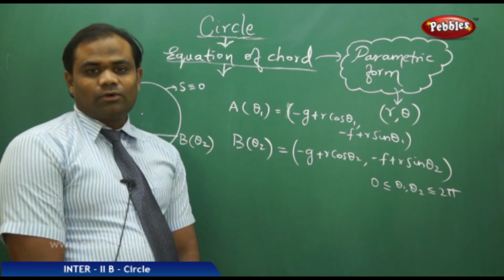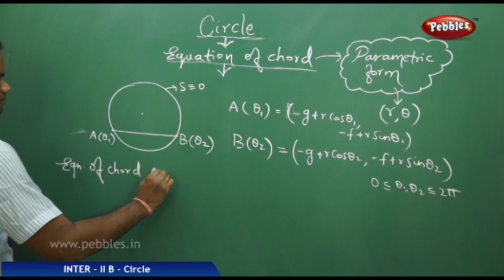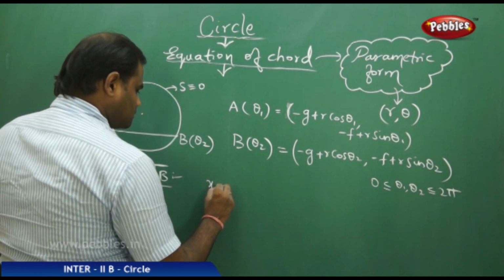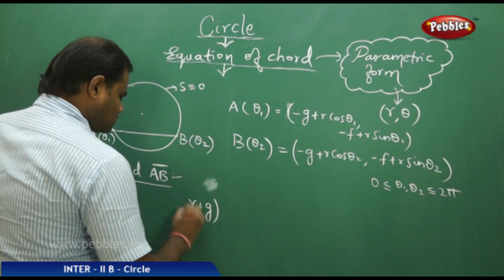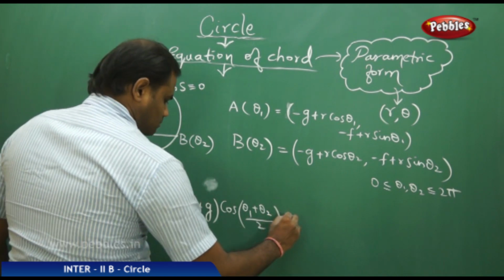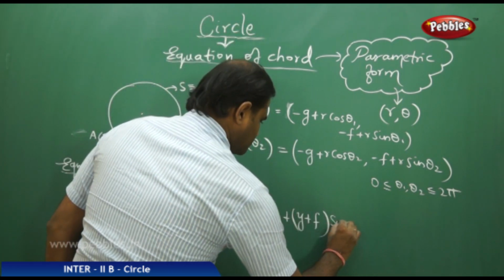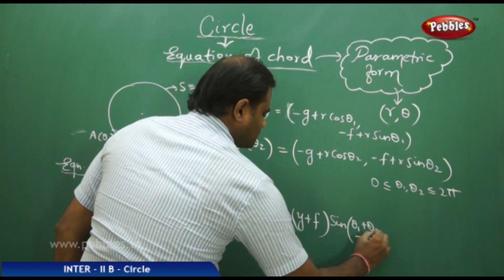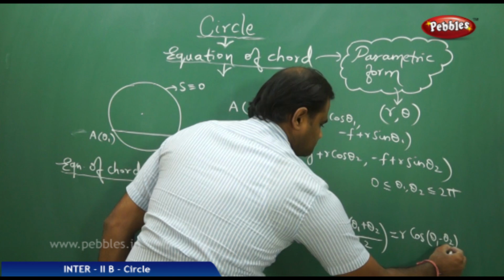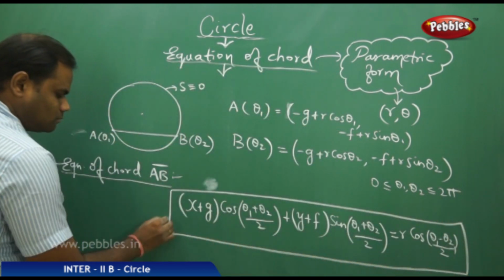So with these 2 points, I want to find the equation of chord, which is given by AB, which is x plus g cos of (θ1 plus θ2) by 2, plus y plus f sin of (θ1 plus θ2) by 2, equals r cos of (θ1 minus θ2) by 2.